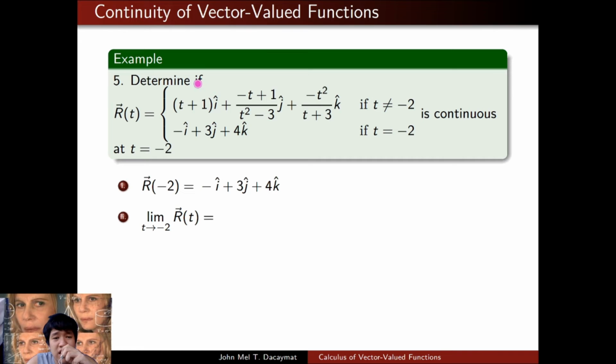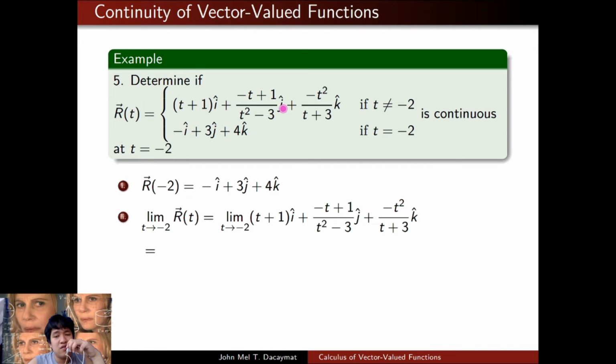So, in this one, kahit pag-gaano siya kalapit sa -2, ang nag-hold na value is itong value sa taas. So, kahit ito, yung value niya at -2, when we take the limit as t goes to -2, we take this one.